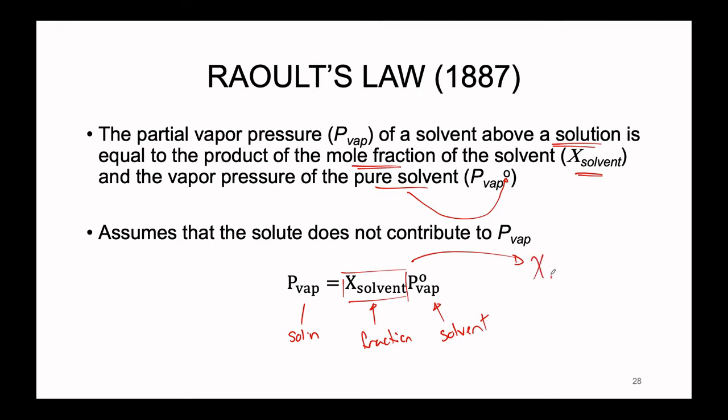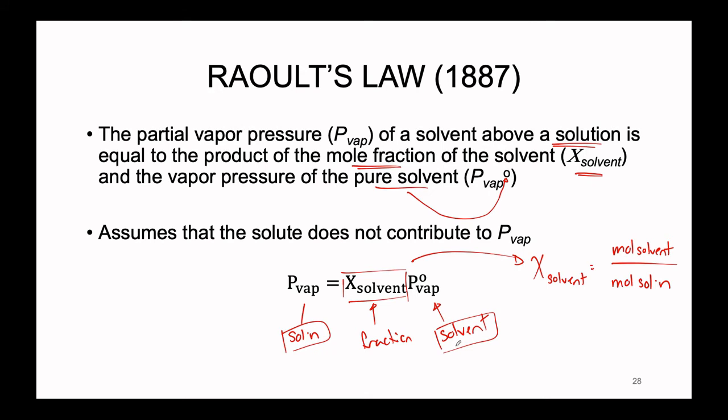The mole fraction of our solvent is going to be equal to the number of moles of solvent present. So again, the notation of solvent here is going to be really important, divided by the moles of the solution, where the solution represents the total. So what the mole fraction here is looking at is proportionally the more solvent we have inside of our solution, the closer our vapor pressure of solution will be to that of the natural, totally pure solvent.